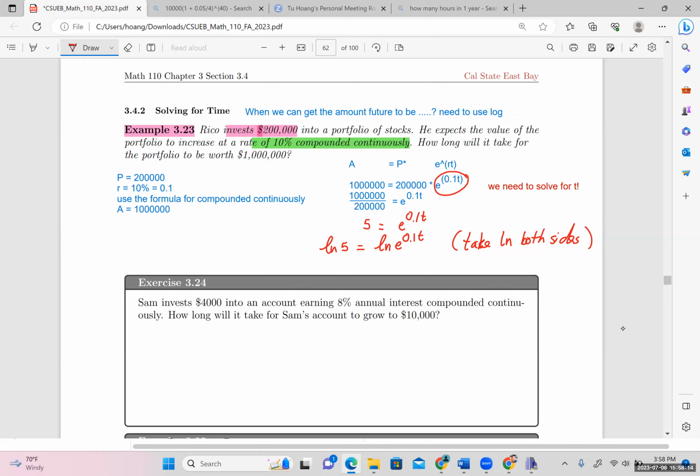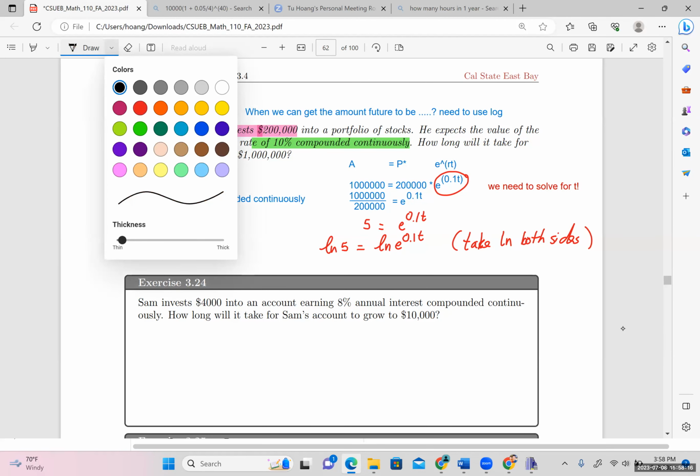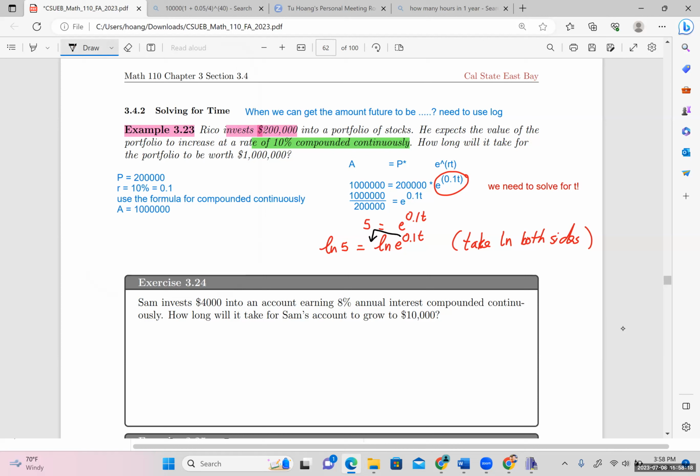And I will move the 0.1 t to the front of it. So I will have ln of 5 equal to 0.1 t times ln of e. And ln of e is 1.